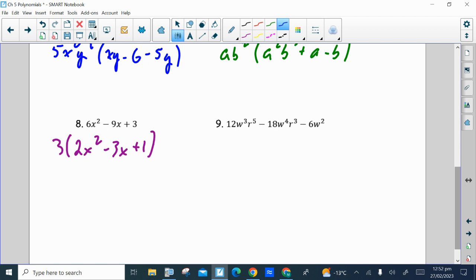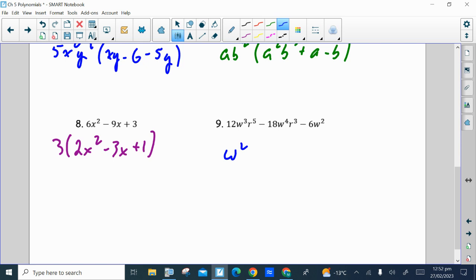Liam, what do you think the greatest common factor here is? For number 9, what's the greatest common factor? W squared? Well, that's what squared means. Is that right, Olivia?